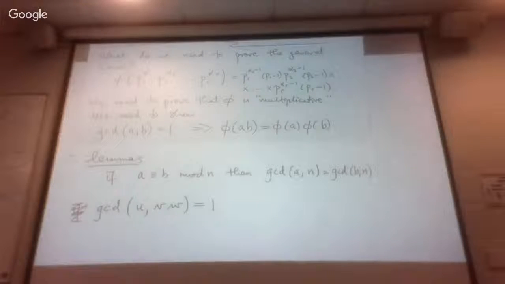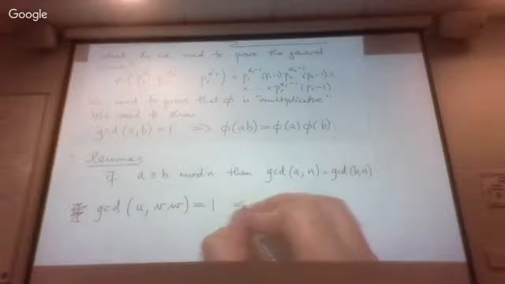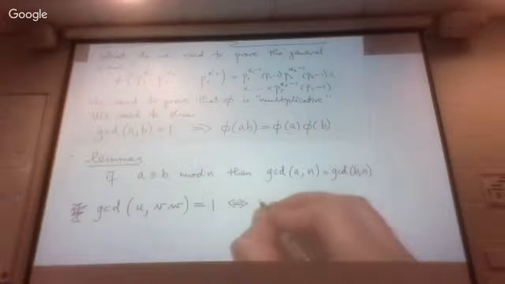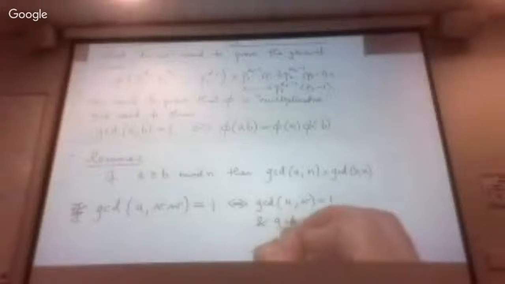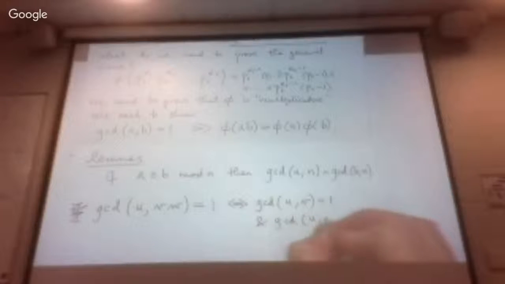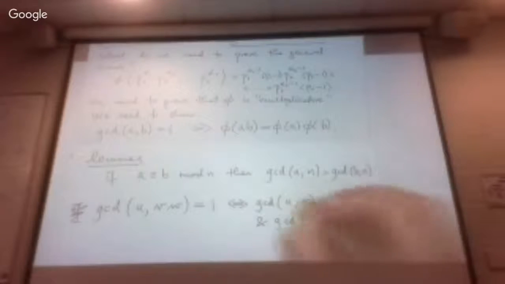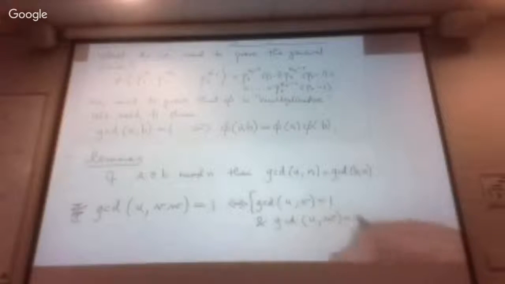So when is U co-prime to a product of V and W? Well, that's true if and only if it's co-prime to both of them. That's a kind of nice result as well.